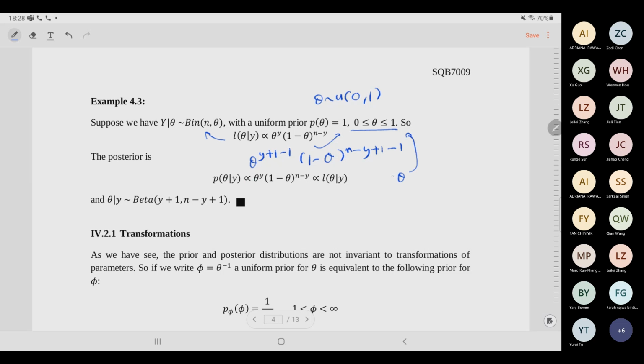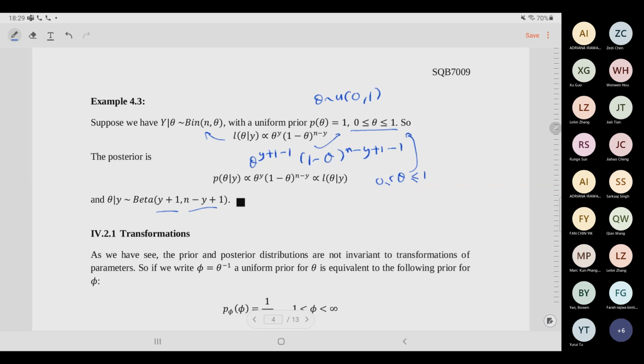So theta is between 0 and 1. Multiply by 1, you get the same proportionality, but if you're referring to theta, it's going to be theta between 0 and 1. So the kernel resembles the kernel of a beta distribution, and your parameters are y plus 1 and n minus y plus 1, because you add 1 minus 1 here. So you have the beta kernel.